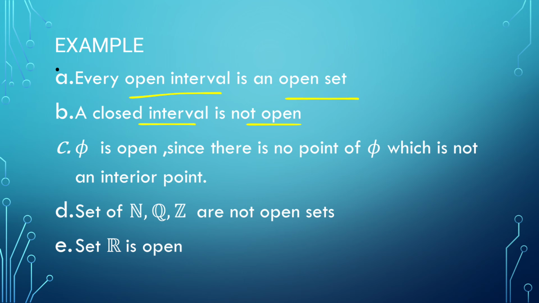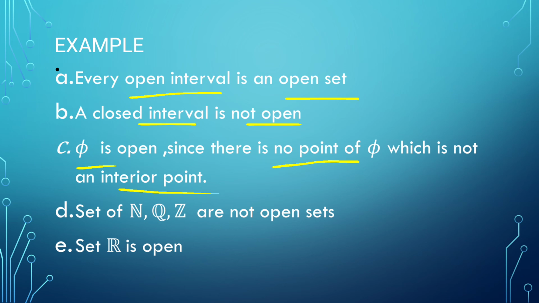An empty set is open. Why? Because every point in the empty set is an interior point. Since there is no point in the empty set which is not an interior point, every point in the empty set, or the null set, is actually an interior point.